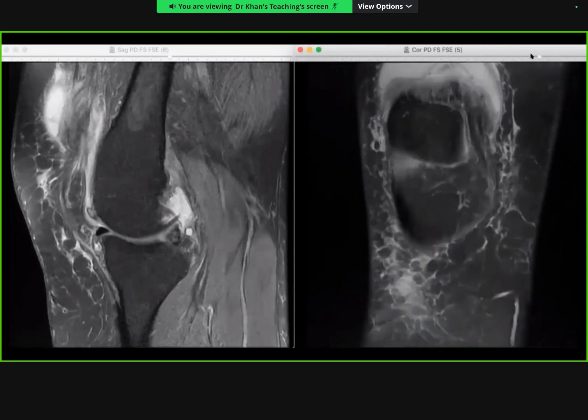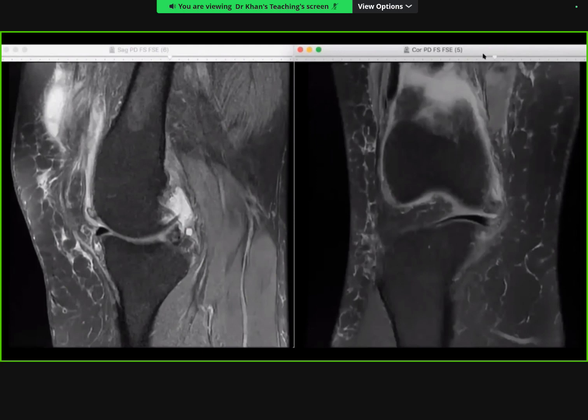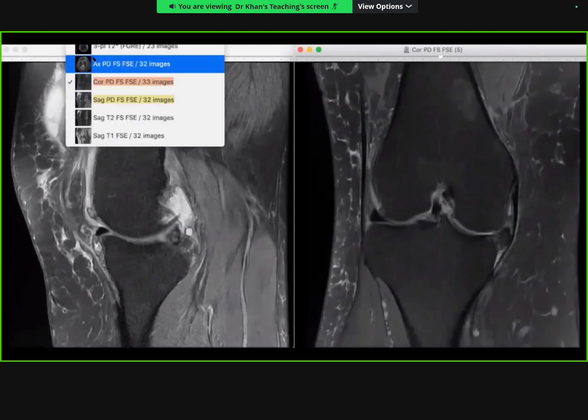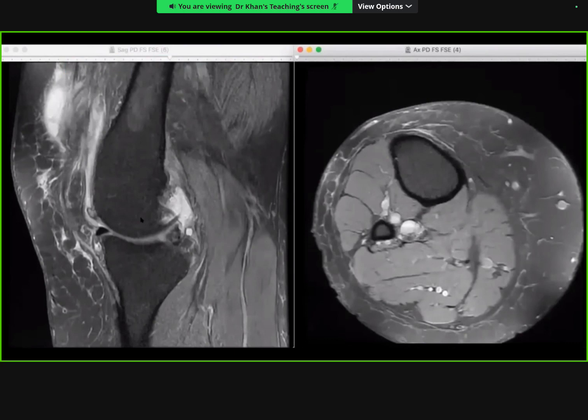I would like to look at the axial view just to confirm if there is a quadriceps tendon or muscle tear. You've got the axial.